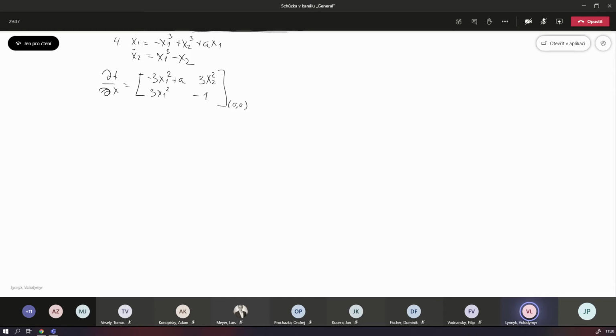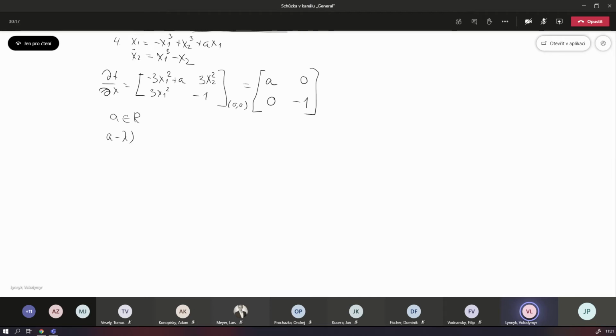Okay, and the origin is 0, 0, yeah, and the Jacobian equal to a, 0, 0, minus 1. Okay, and we know that a is some parameter in R, and let's find the Jacobian, sorry, the eigenvalues.